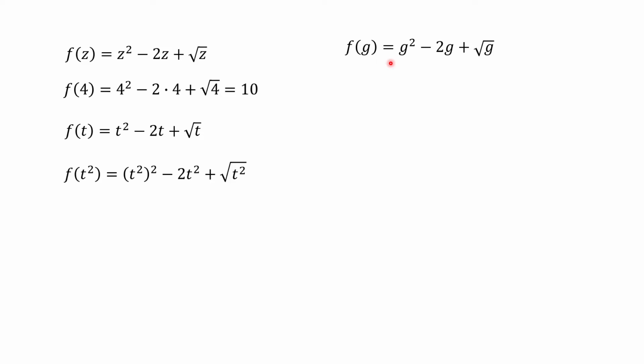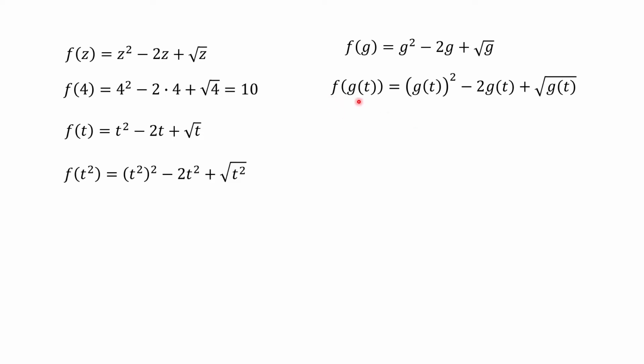Nothing new. Same thing. We simply replace g with g of t. So essentially, when we say we want to take a function f over an argument which itself is a function, it really means just replace z in this formula, f of z, with this function g of t. And we're done with this.